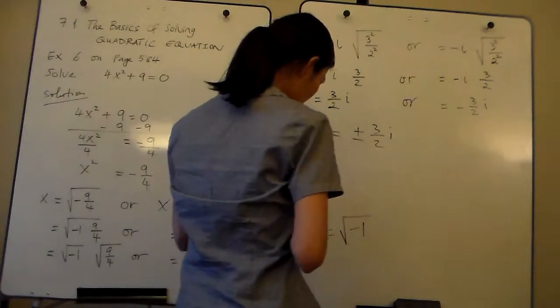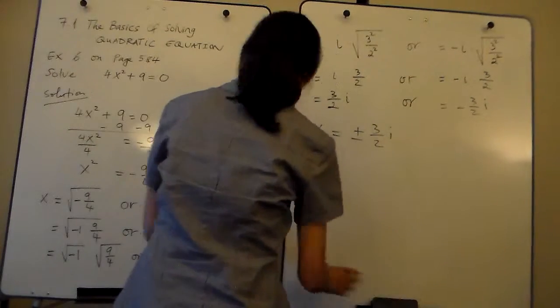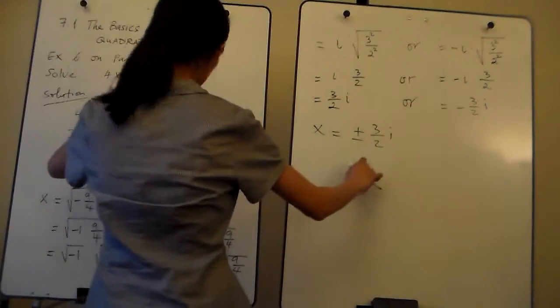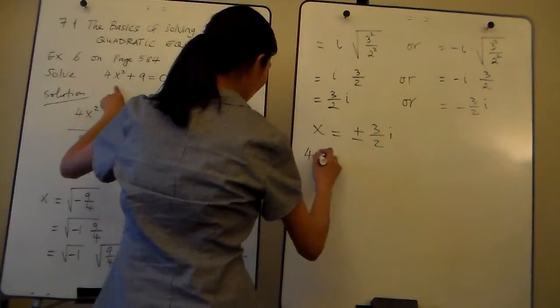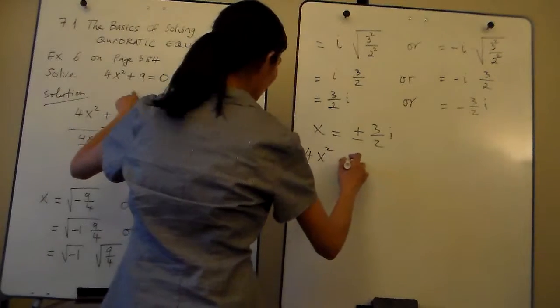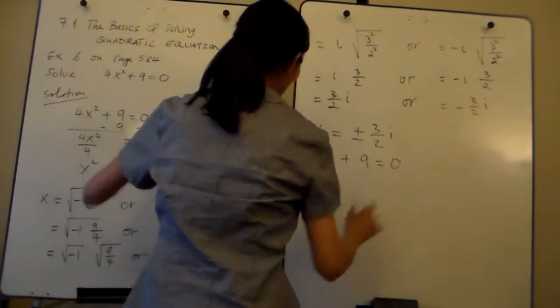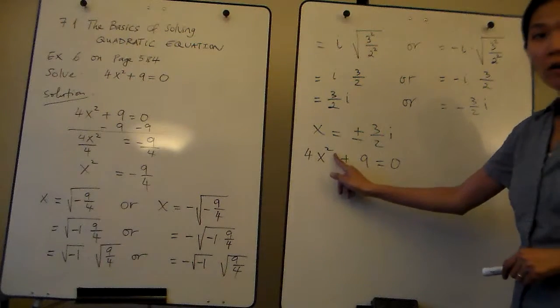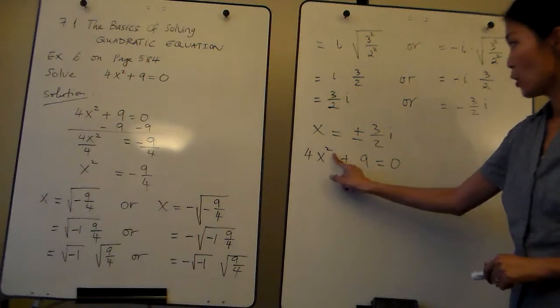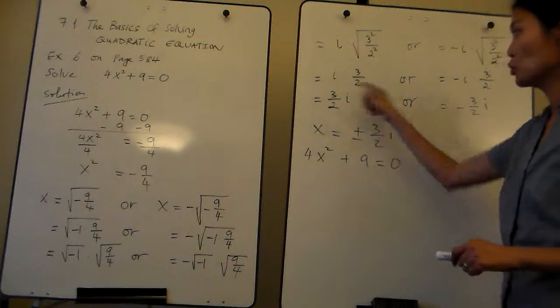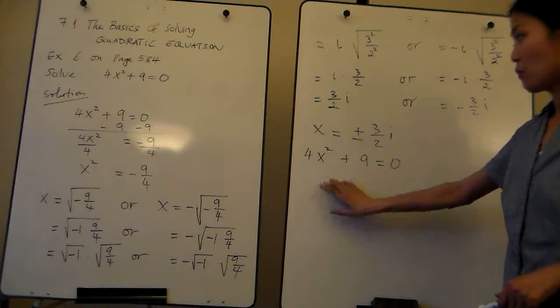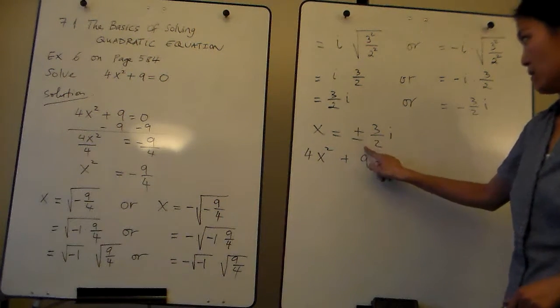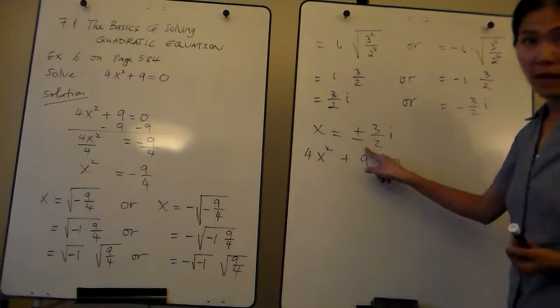And then let's check this solution. We're going to check if these are the solutions. We have 4x squared plus 9 equal to 0. Because you have x squared, an even exponent, you can check these two solutions at the same time, because when you square it, the plus and minus turn out to be a positive value.